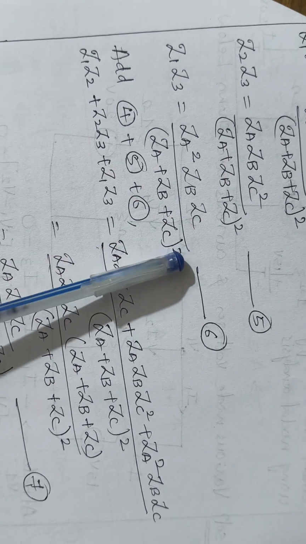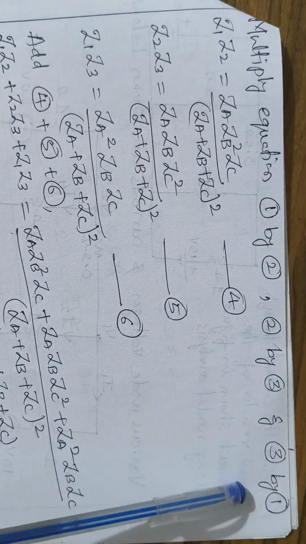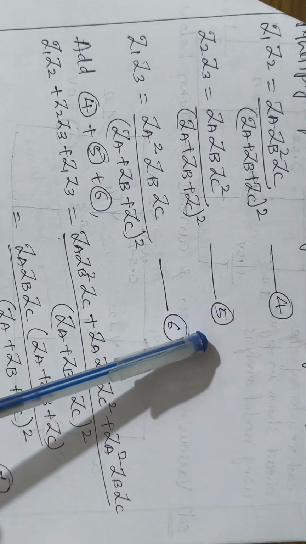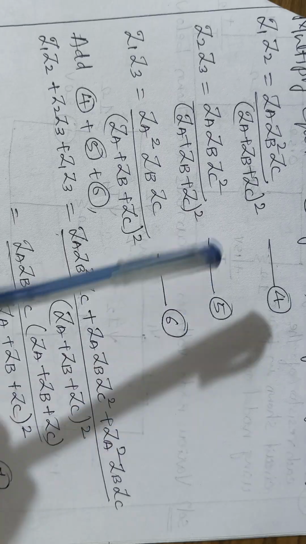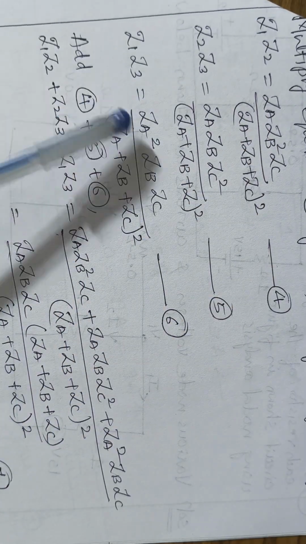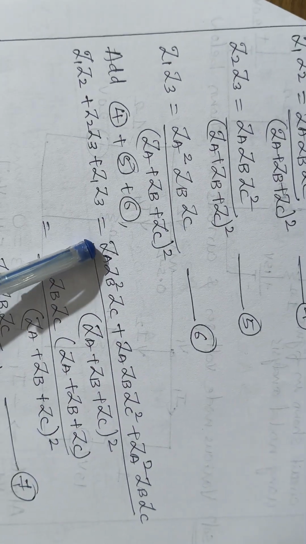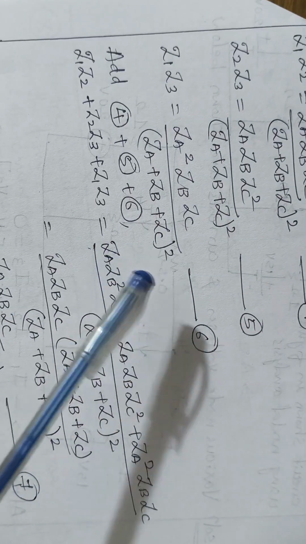Once you multiply equation 1 by 2, 2 by 3 and 3 by 1, the next step is to add these three equations, that is 4, 5 and 6. That is, the products Z1 into Z2, Z2 into Z3, Z1 into Z3. All three equations must be added, so we add the LHS and the RHS respectively.